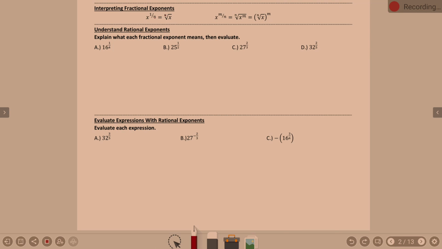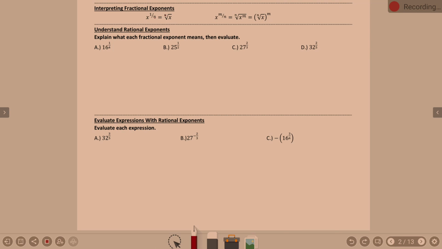Okay? So, let's put these definitions into play. Example A is asking us to explain what the fractional exponent means, and then evaluate. Evaluate meaning, what does it simplify to? So, 16 to the 1/4 power. What's 16 to the 1/4 power going to mean? 16 to the 4th root.